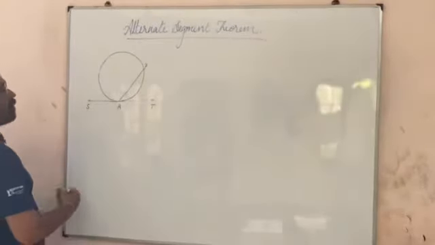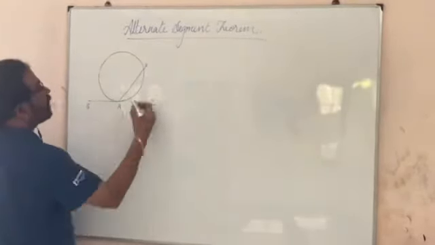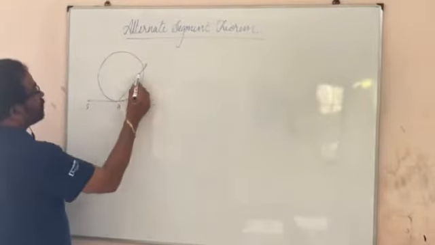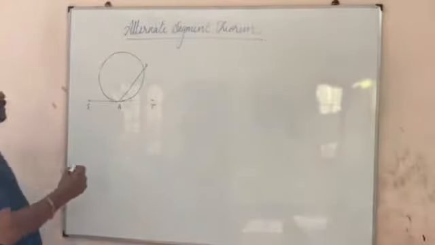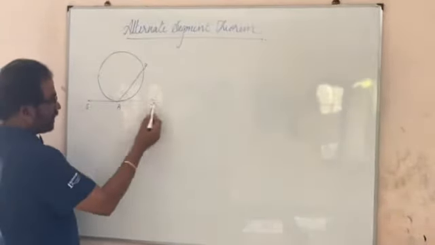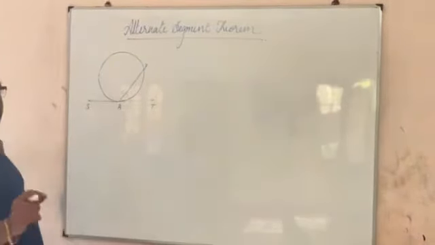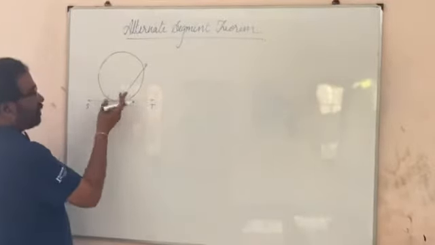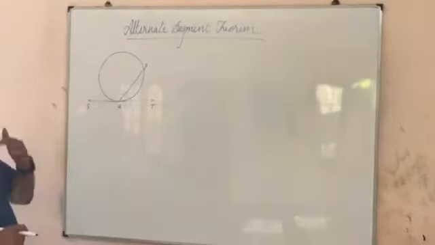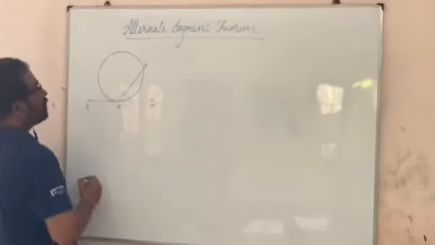says the angles between the chord and tangent are respectively equal to the corresponding angles in the alternate segments. I'll tell you what the corresponding angles in the alternate segments are.